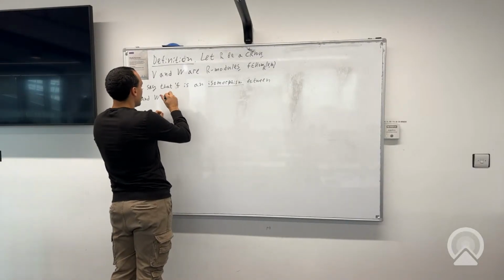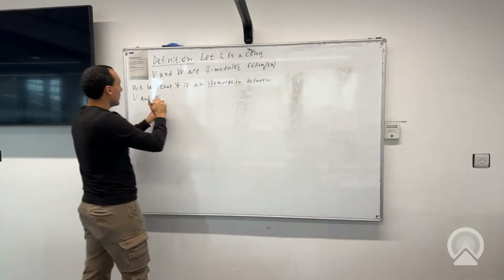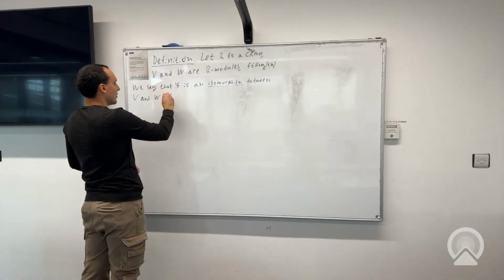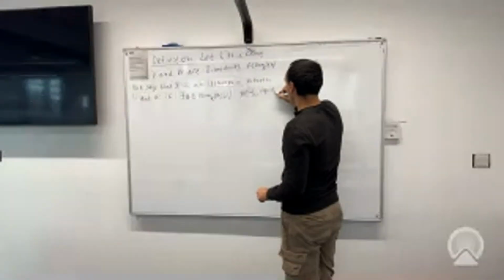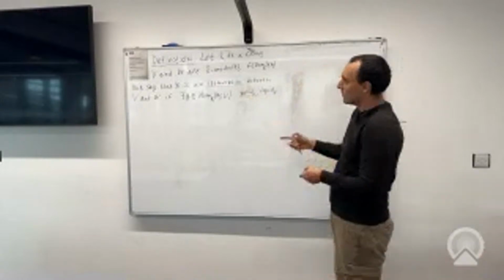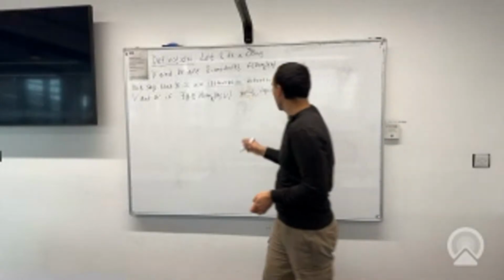If there exists a homomorphism F which is bijective. So if it's bijective, its inverse is automatically linear.